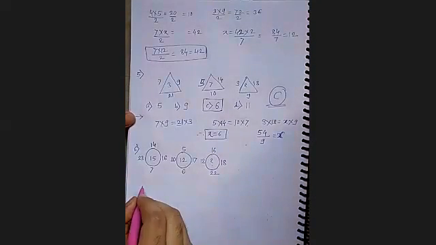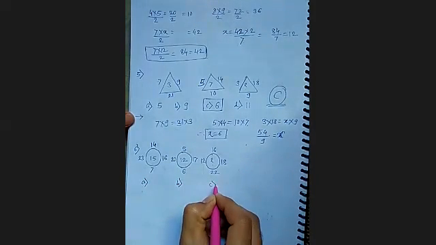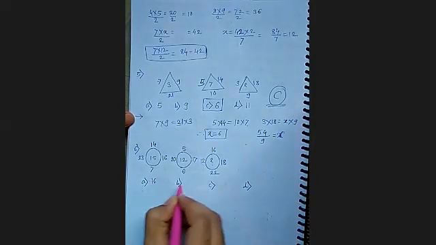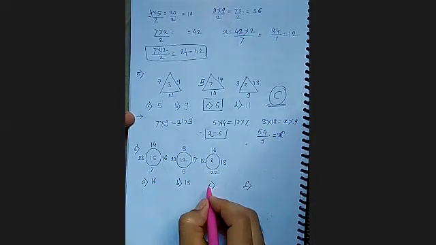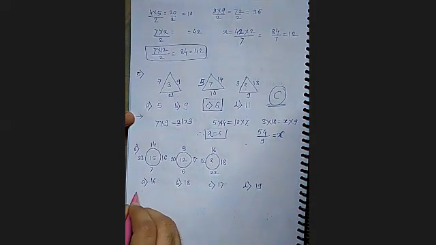Right. So your options are 16, 18, 17, 19.